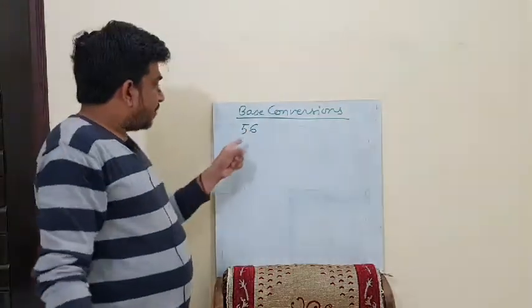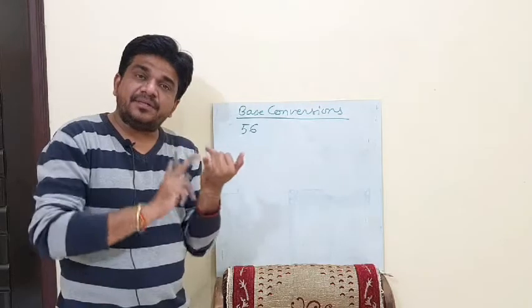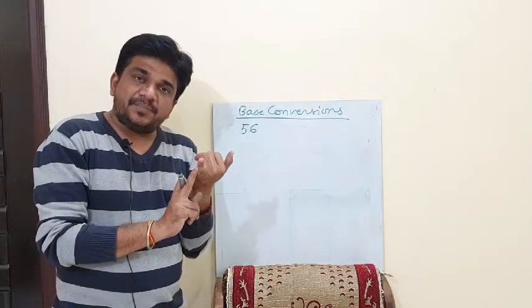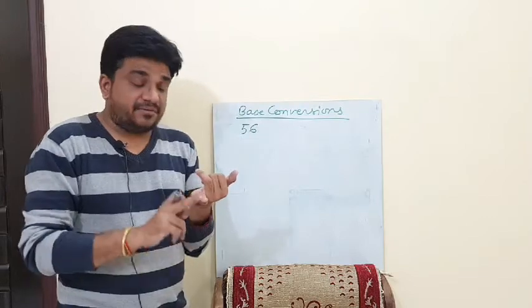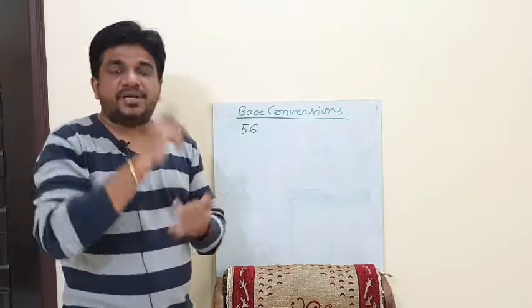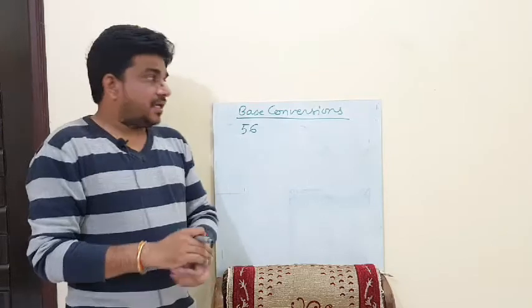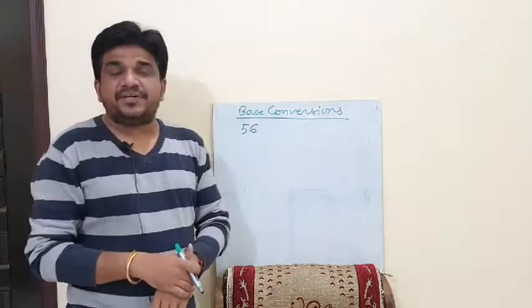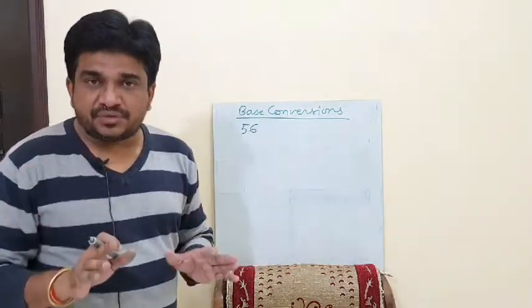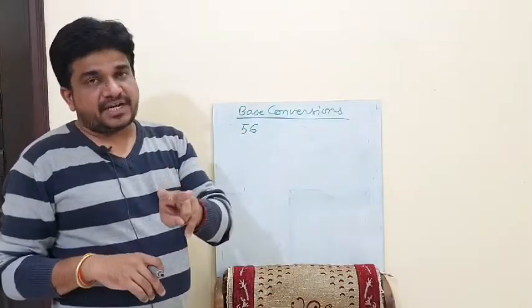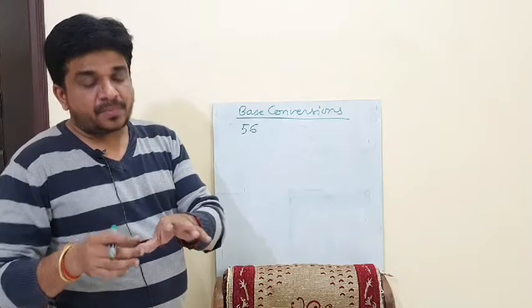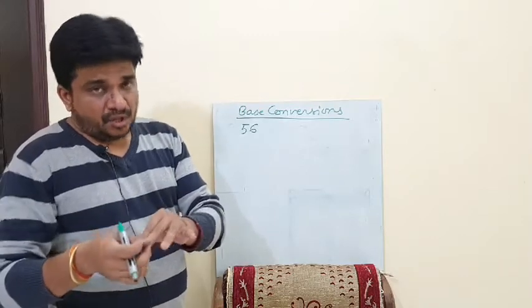For example, 56 can be in the decimal number system, 56 can be in the octal number system, and 56 can be in the hexadecimal number system also. I agree it is not possible in binary because binary is only zeros and ones, but 5 and 6 are available in decimal, hexadecimal, and octal also.